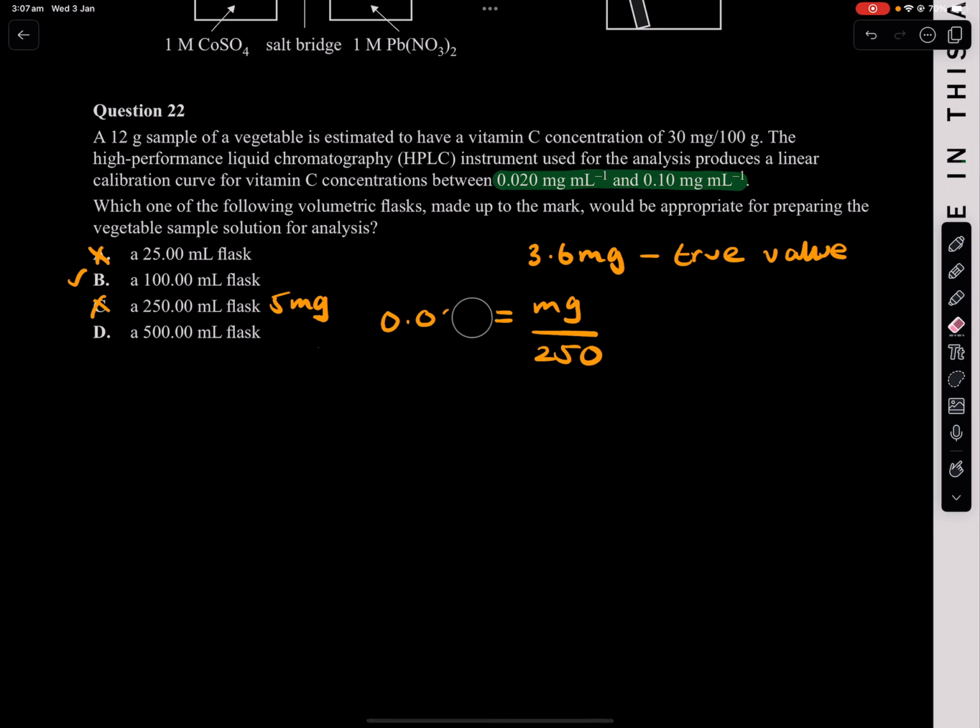And let's try the last one, sorry, my apologies, 0.020. We're using a 500 milliliter flask. 500 times 0.020 is 10 milligrams to some large value, which is still not between that. So the only possible answer would be B in that one.